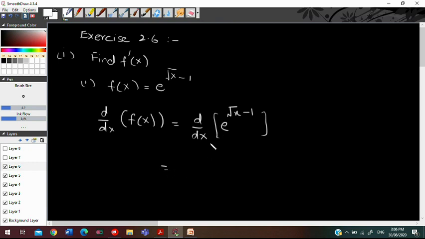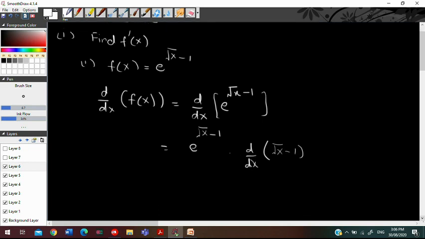Now we apply directly the exponential function, and we must keep in our mind whenever we apply the derivation on the exponential function, the exponential function will remain the same. There is no change in this exponential function. We write this exponential function as it is, and then we find the derivative of its power.